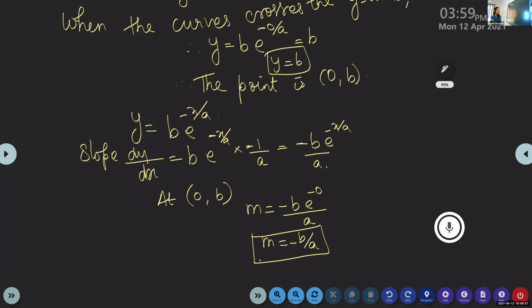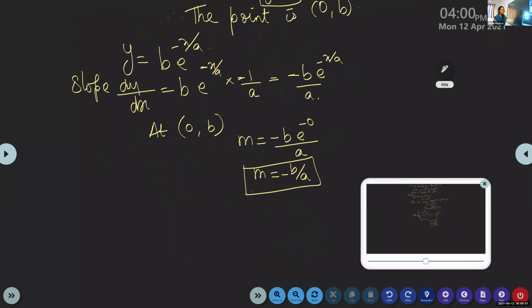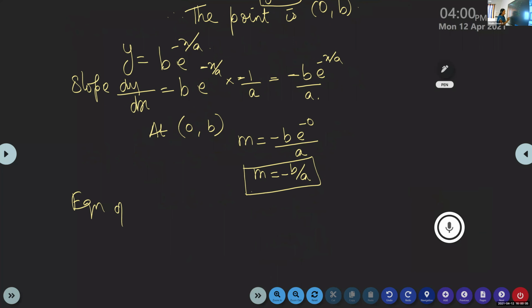This is the slope. So now we have the slope and we have the point. What is the equation of the tangent? The equation of the tangent is y minus y1 is m into x minus x1. What is the value of y1, Karthik?